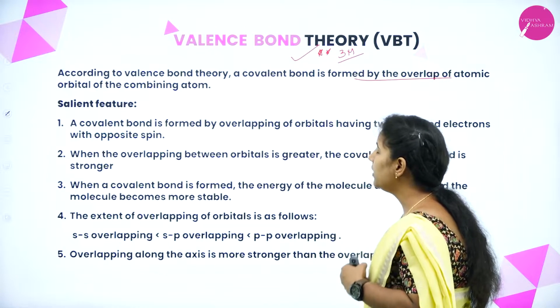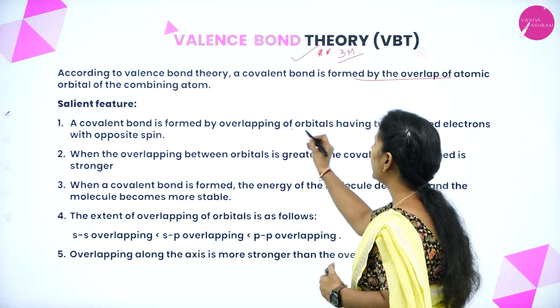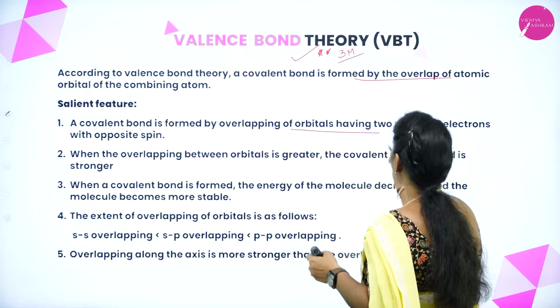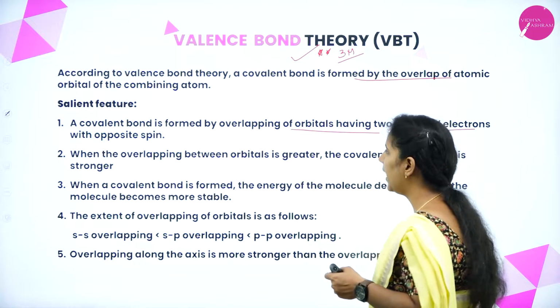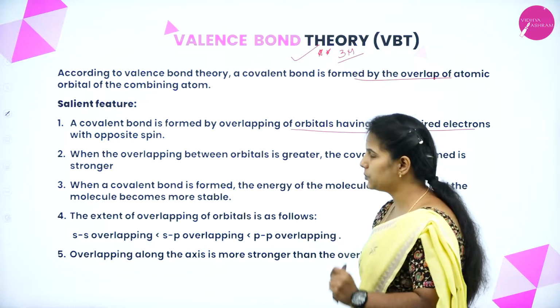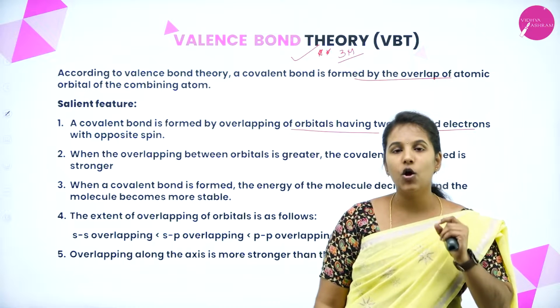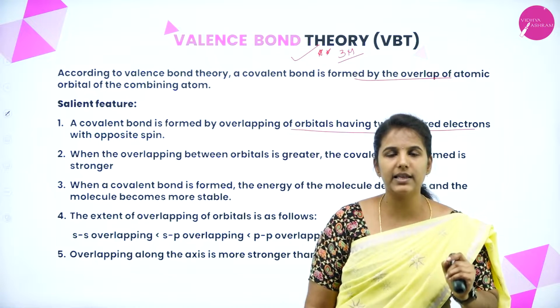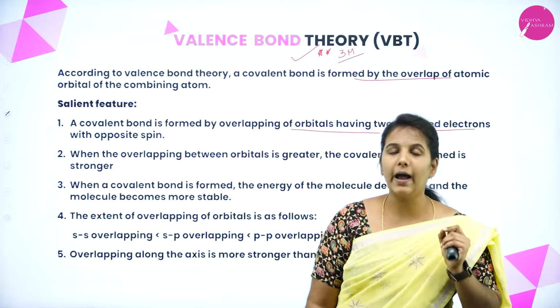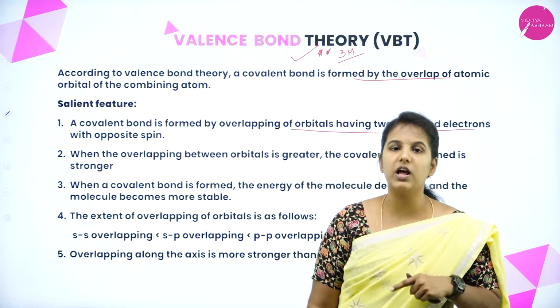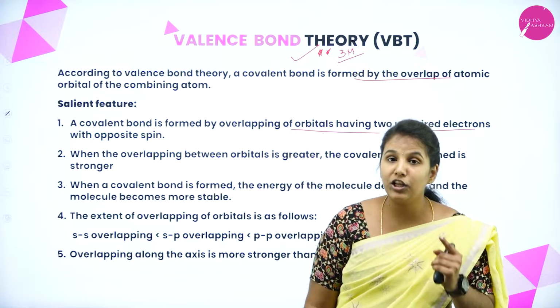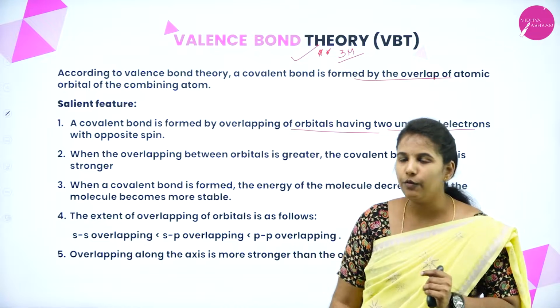Covalent bonds are formed by overlapping of orbitals having two unpaired electrons with opposite spin. So, what does the first postulate say? It says that overlapping must take place with two unpaired electrons with opposite spin. Then only the covalent bond will be formed.